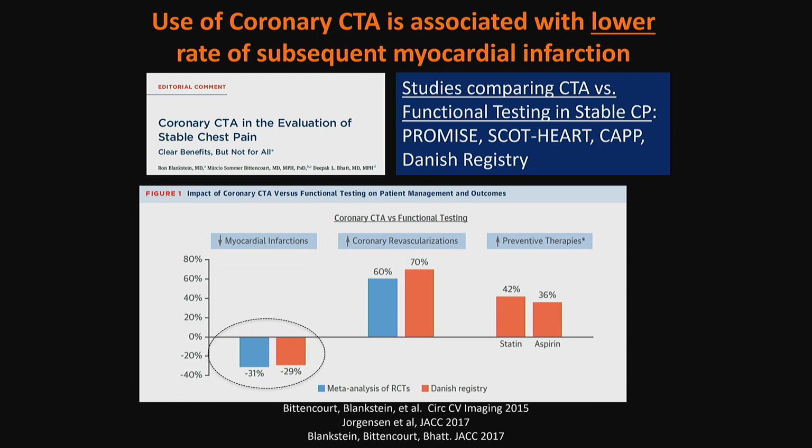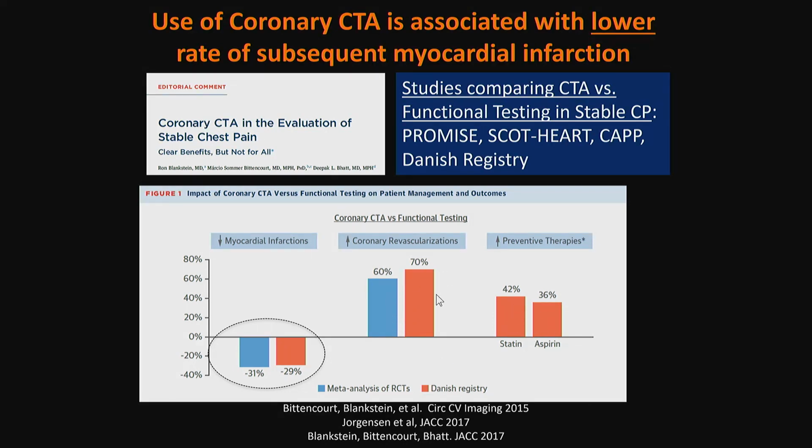And certainly we can speculate why that is, and one possible reason is that CTA leads to a higher identification of plaque, even if it's not flow limiting, and that was associated with a higher initiation of preventive therapies, both statin and aspirin, as you can see in this summary slide.